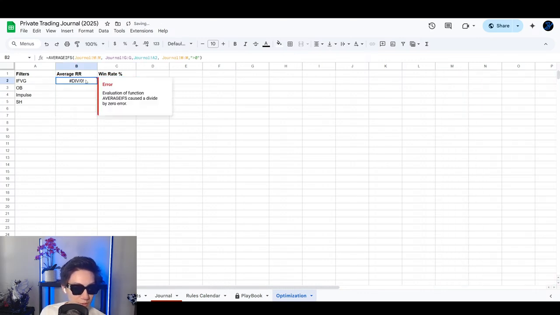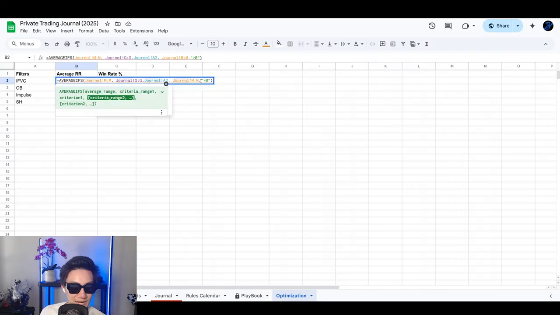Let's see if it works here. Nope, it does not. Okay, we have to figure something out here. This is greater than 0 because we're looking at the average risk reward for a winning trade. So we don't want to include the negative risk rewards of -1.